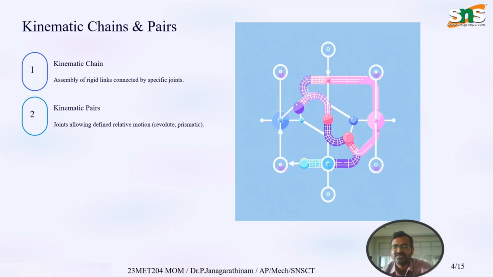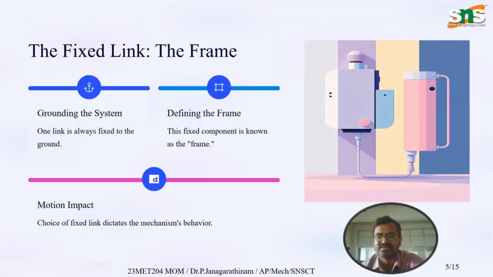Links are nothing but movable combinations of two joints. The fixed link is the frame, grounding the system. One link is always fixed to the ground because we have to fix the base, and only then can we fix the other relative joints as well as the links.